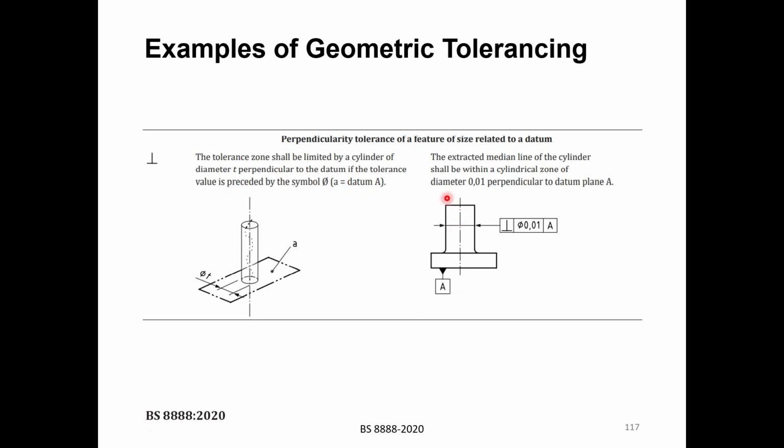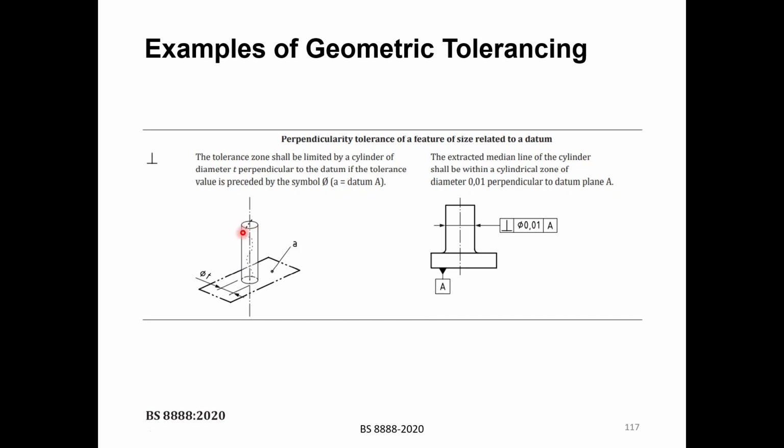So the median line here should be perpendicular to datum A, where datum A here is the bottom surface. So this median line should be perpendicular to this surface within phi 0.01.